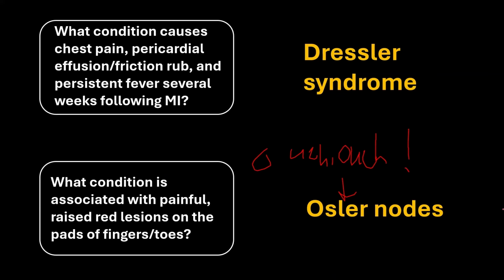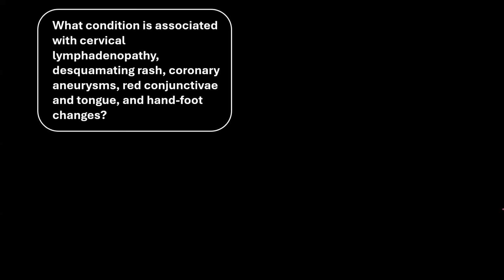So that's how you differentiate Osler nodes and Janeway lesions. Where do Janeway lesions affect? I think Janeway lesions are usually in the palms, whereas Osler nodes are on the fingers and toes, like the most distal extremities.